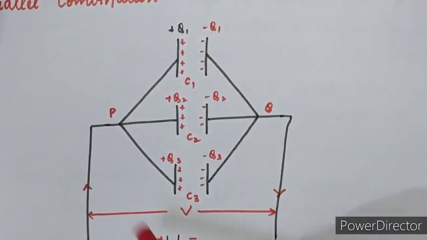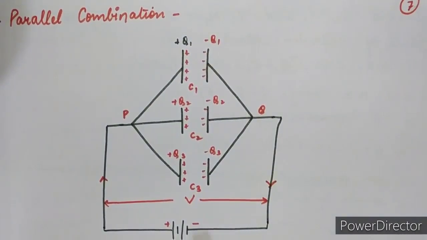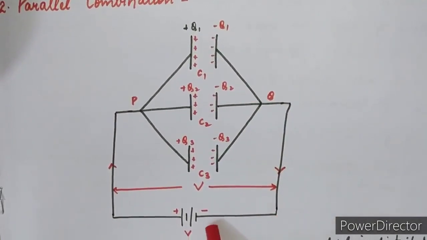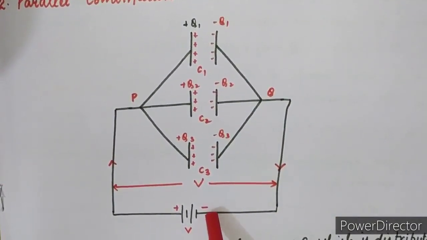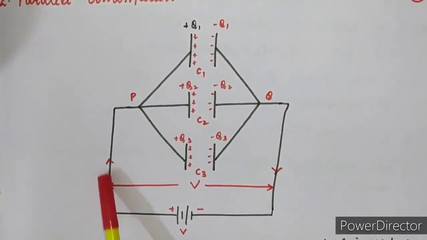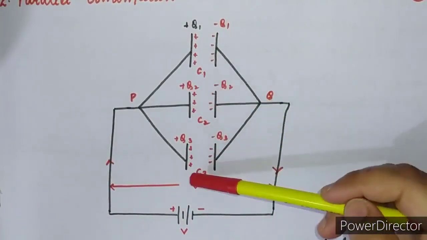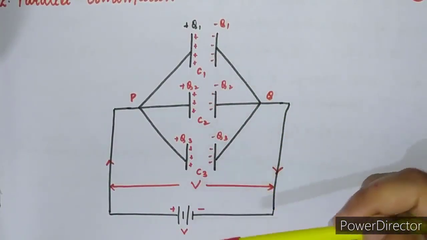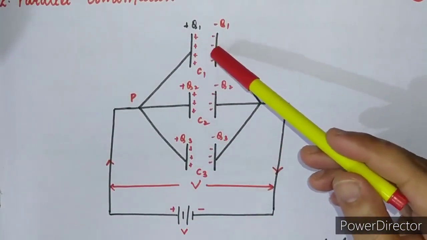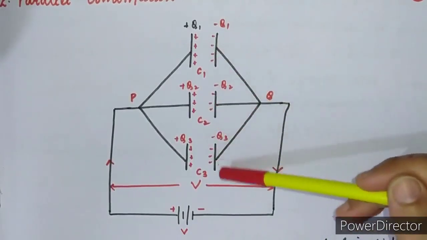Point P is connected with the battery's positive terminal and point Q is connected to the battery's negative terminal. Now as the positive charge moves towards the first plate of each capacitor, after electrostatic induction, a negative charge is induced on the inner face of the second plate of each capacitor.